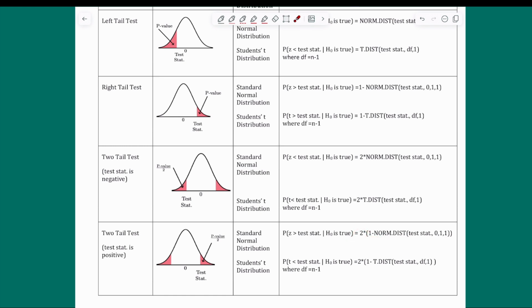If it were the student t distribution, we once again find the area to the right of the test statistic, which is 1 minus t.dist(test stat, degrees of freedom, 1), and then you double it to get both tails. That's how you find the p-value in those two specific situations, or the 3 different tests, and it also depends on the type of test statistic you're using.